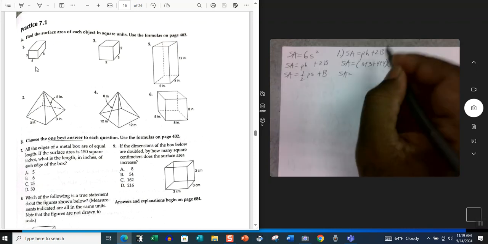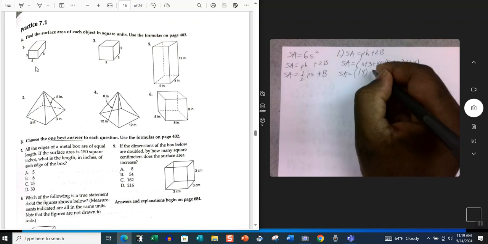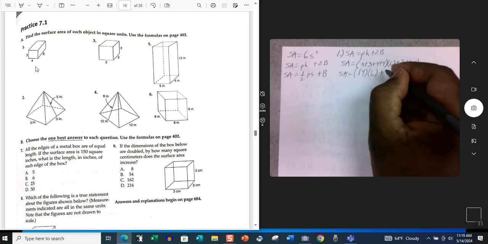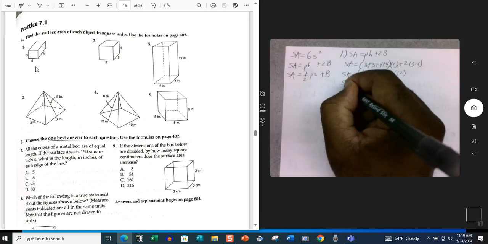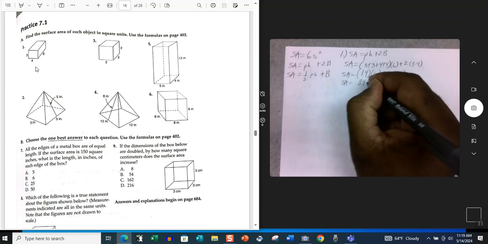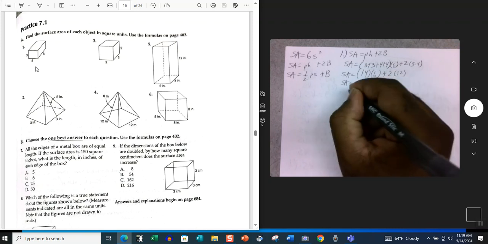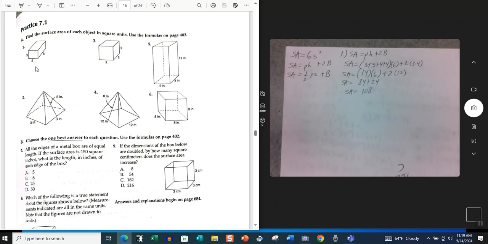So the surface area is equal to 14 times 6 plus 2 times 12. 14 times 6 is 84, plus 2 times 12 is 24. So your surface area is 108. Because they didn't give us any units, we'll just leave it as 108.